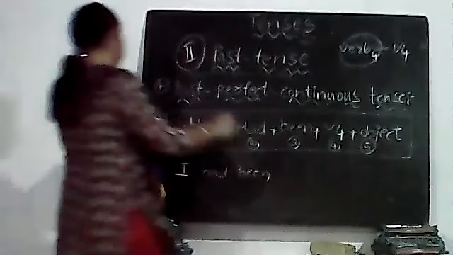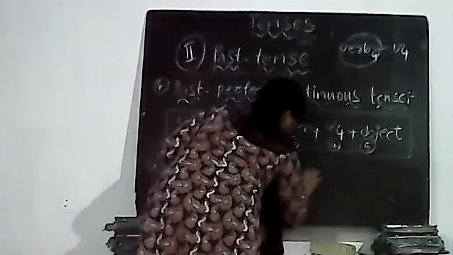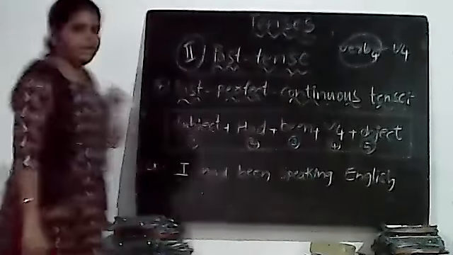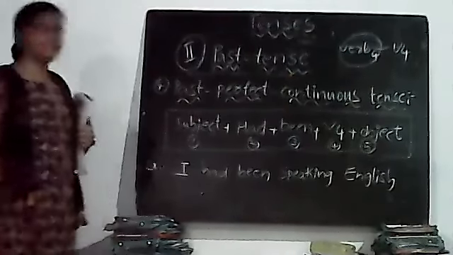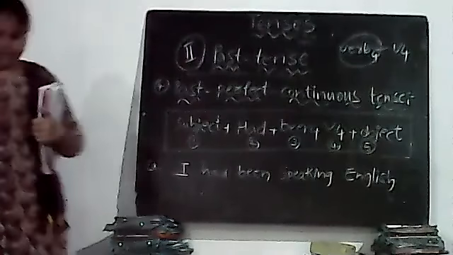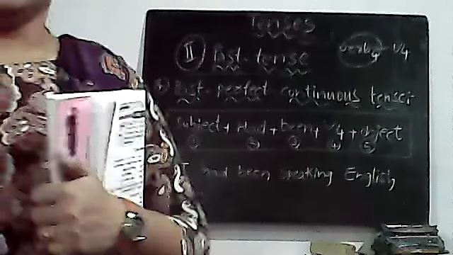So we take speaking, speak plus ing. I had been speaking. Which object are we taking? English or Urdu or Tamil, whatever you wish. Okay? So here, I had been speaking English.